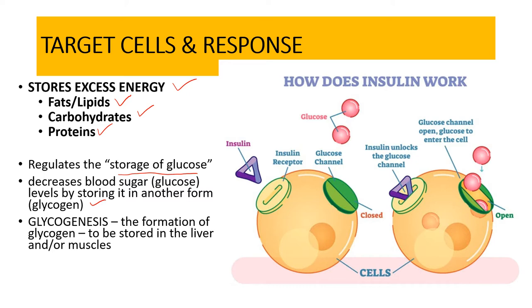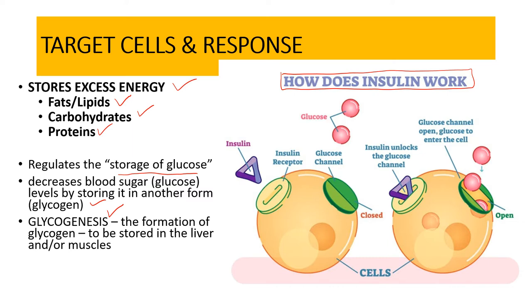Now, taking glucose, the form that we're going to be storing it in is glycogen. So going from glucose in the blood to storage of that is going to be glycogen. Glycogenesis is the process of glucose to glycogen, which is the storage form. So we're going to talk more about how insulin actually works at the target cell, but what is it really doing?